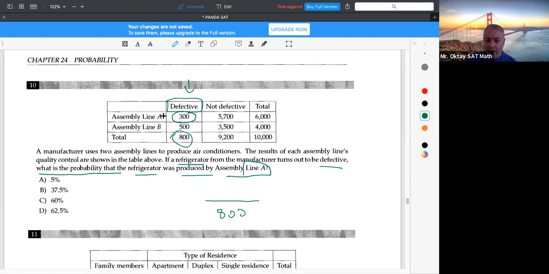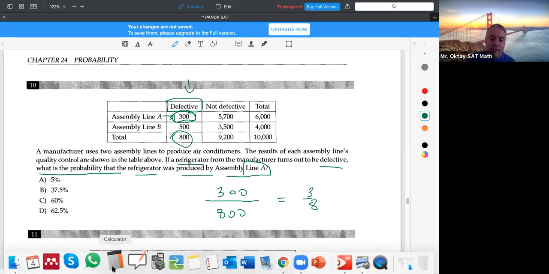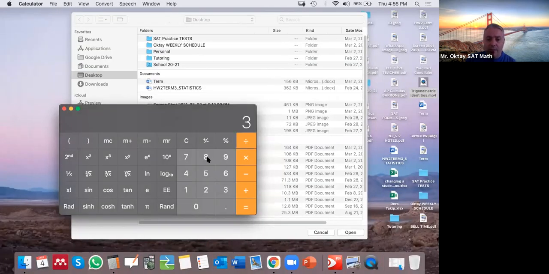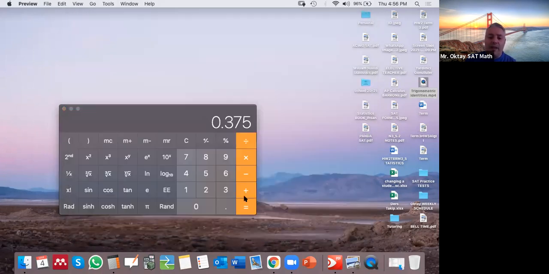Line A produced defective one, it's 300. So the result is 3/8. What is 3/8? Let me use my calculator here. 3 divided by 8 is equal to 0.375. Do we have 0.375 here?